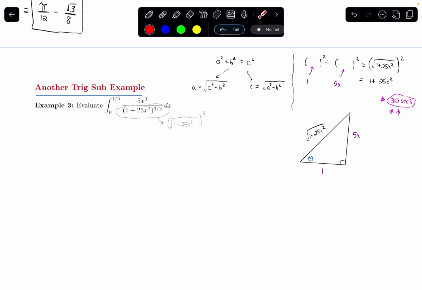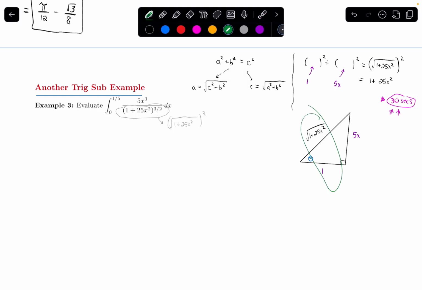Typically, whichever one we're focusing on, so right now I'm focusing on this hypotenuse, the other side that I pick with it, we usually like it to be a constant, which in this case is 1. If you do something that also involves the 5x, you might introduce an extra variable, which might make it more complicated to work with. So, okay, what trig function can I use that involves these two?